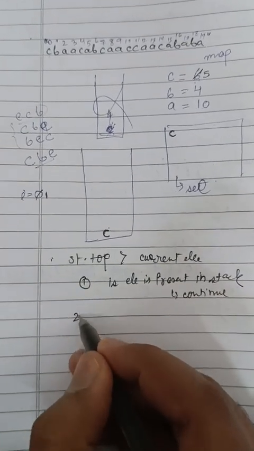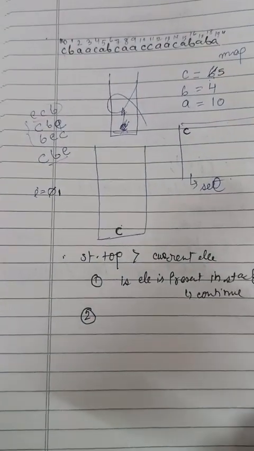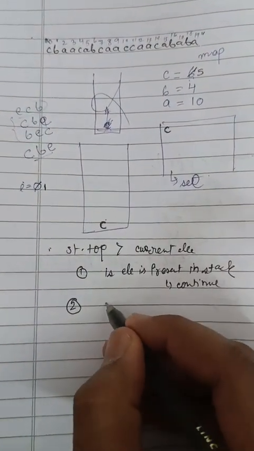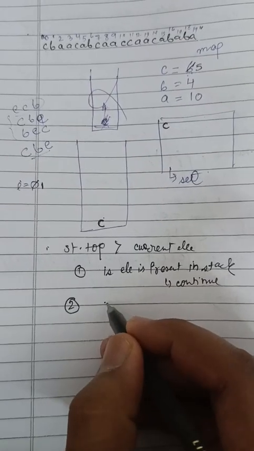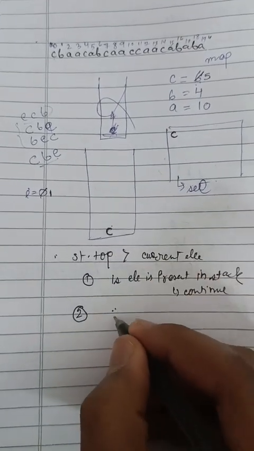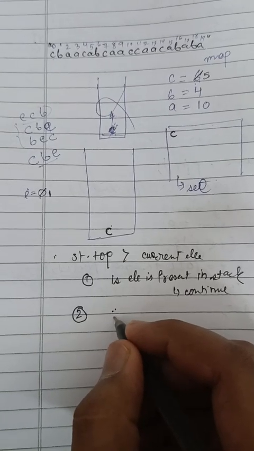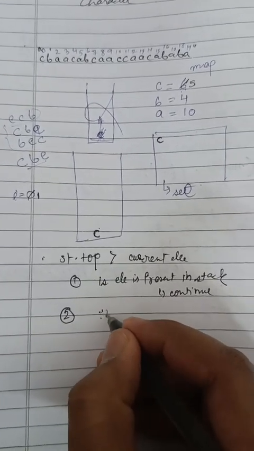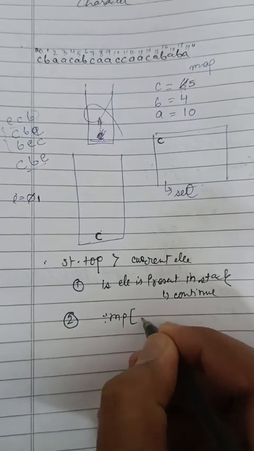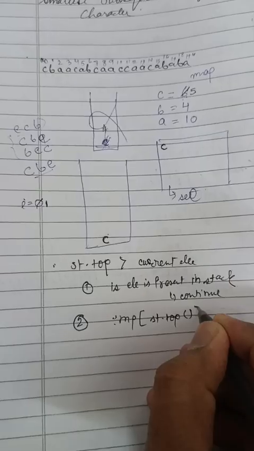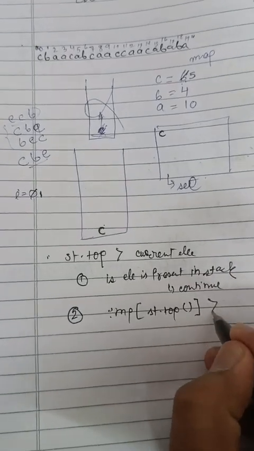Second thing, if it is not present, then I will remove the elements, right? I will pop the elements, but the condition will be that the map frequency of that stack topmost element must be greater than 0.